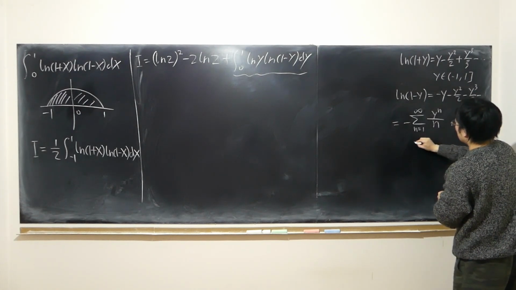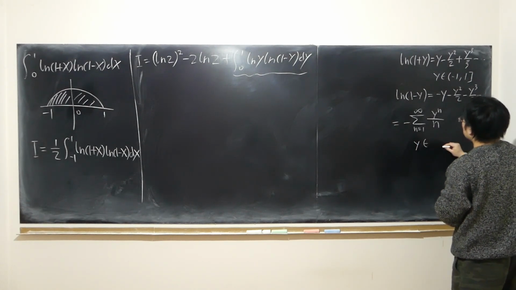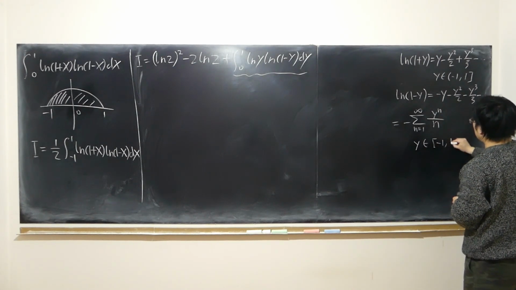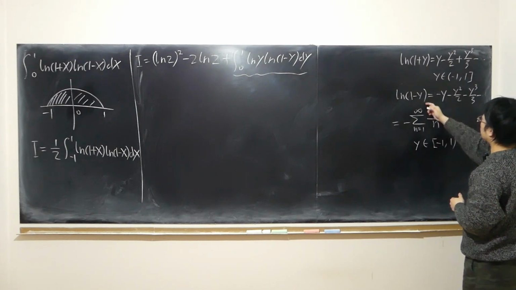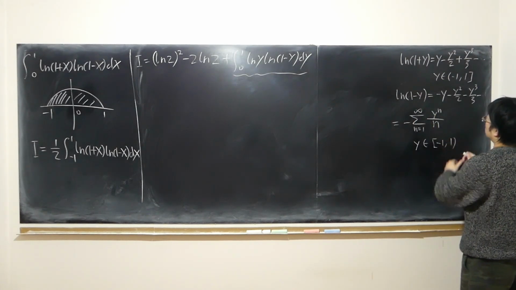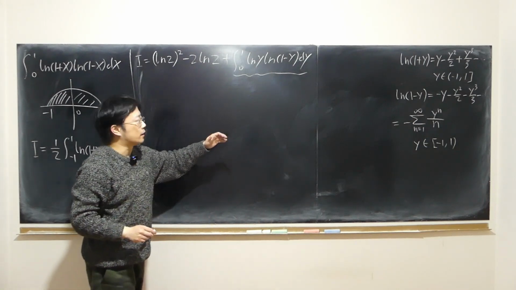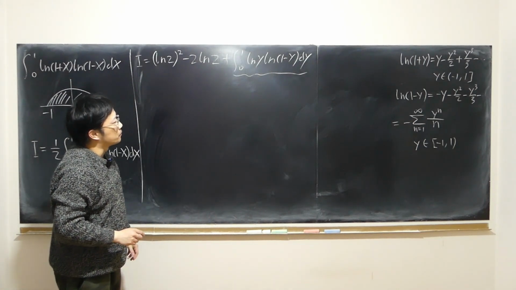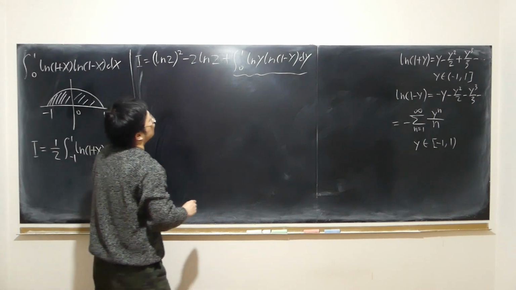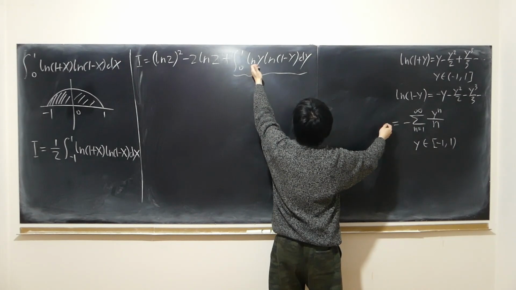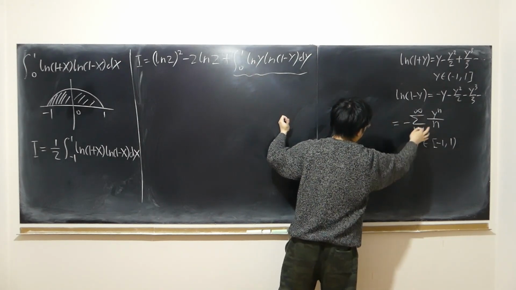So here, of course, y is from negative 1 to 1, including negative 1. Right? That's where it's meaningful. It's the convergence radius of the power series. So then we can multiply log y into this infinite sum.